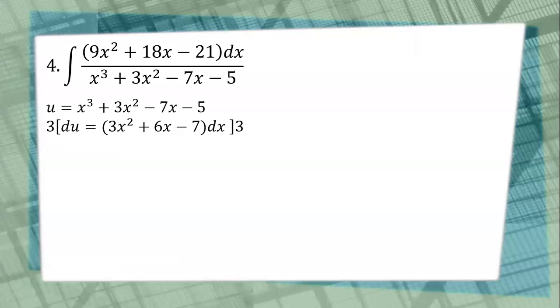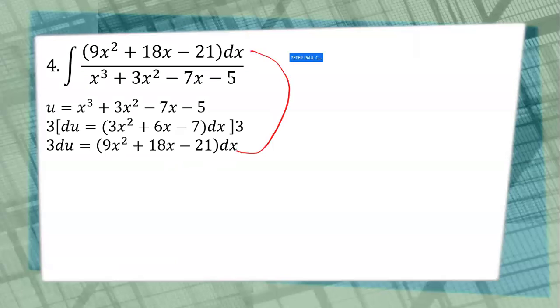But observe how it is related to the numerator. We simply multiply it by 3. So it means our integrating factor is indeed 3. So that it becomes 3 du, and then we'll have 9x squared plus 18x minus 21 dx. So we can replace this one now as our 3 du. So that becomes 3 times the integral of du over u.